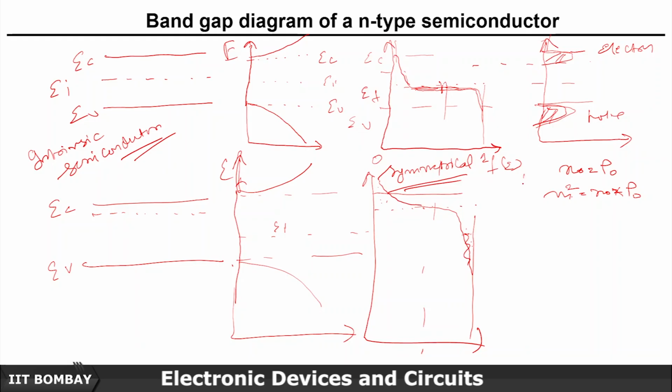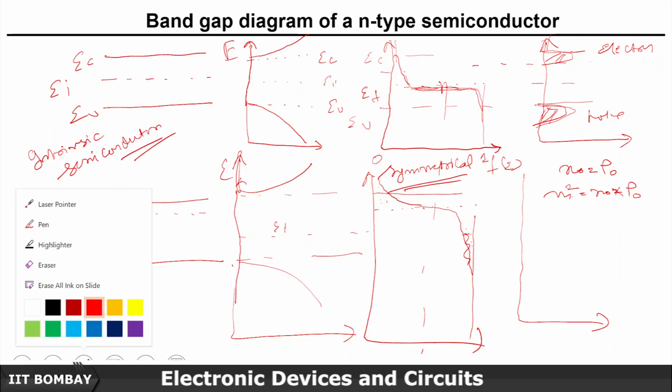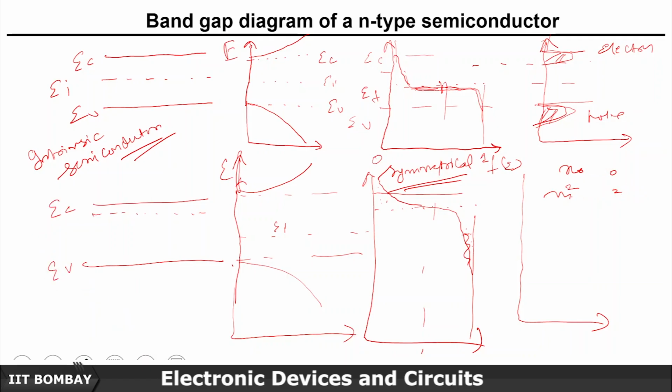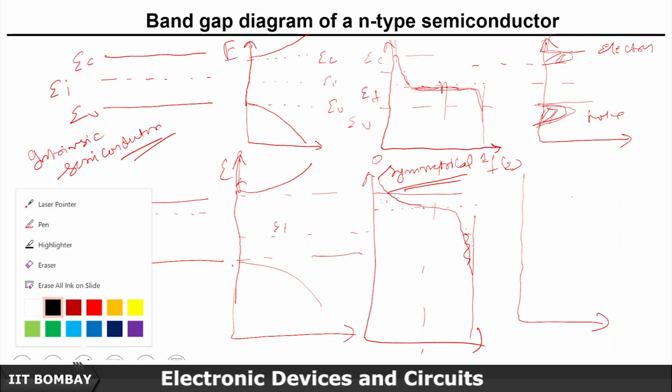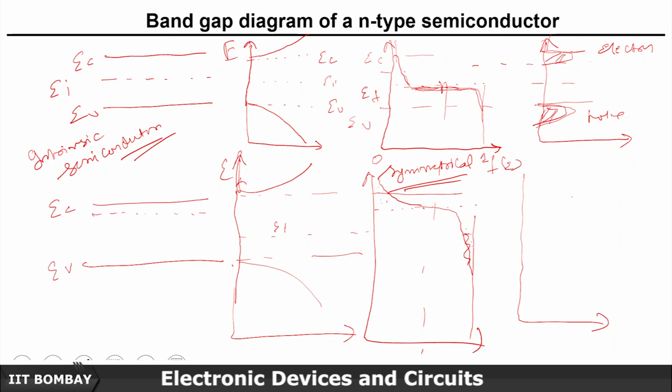Now if you calculate the carrier concentration, the electron concentration will be significantly larger here than the case of EV. So you can say n0 is much larger than p0.